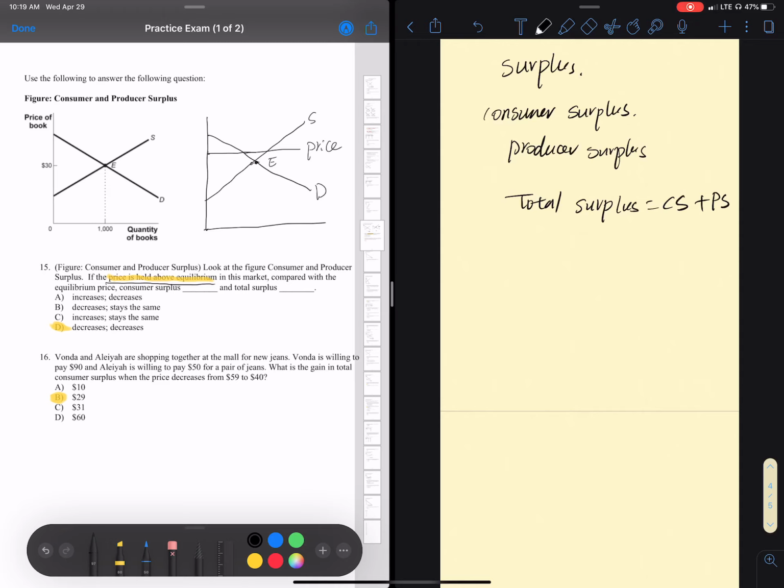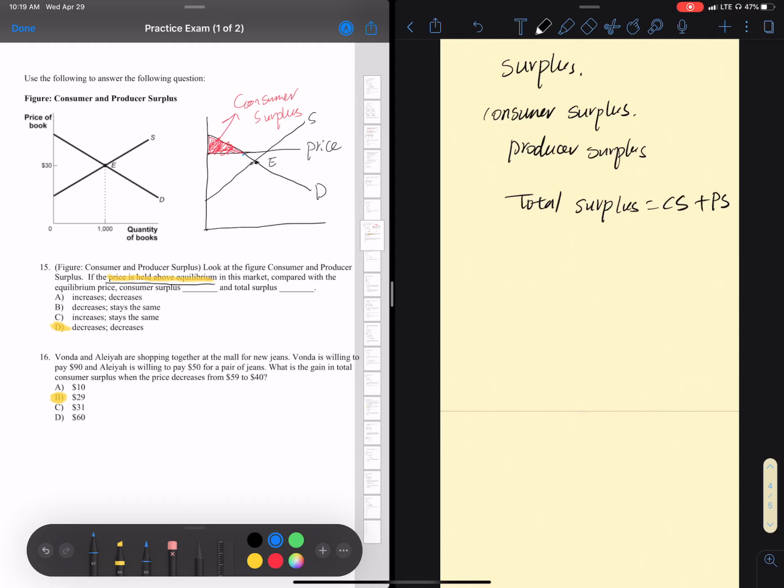And where is your consumer surplus? This triangle will be your consumer surplus. Okay, so where is your producer surplus? Change the color here.